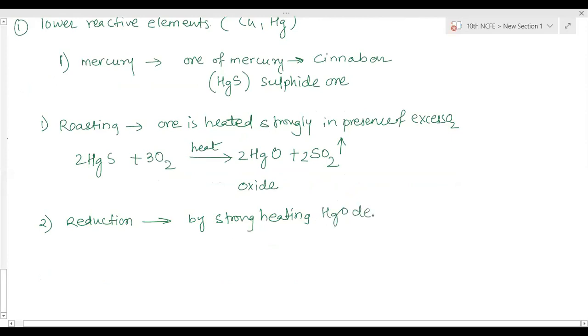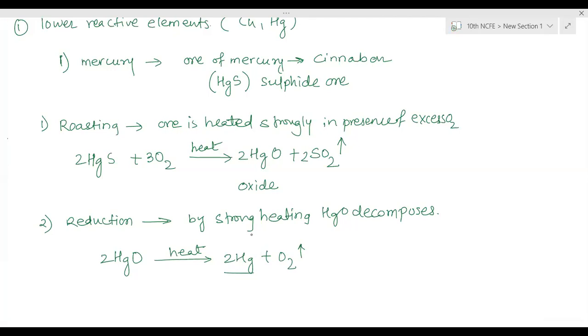HgO decomposes, on heating it gets converted into Hg and oxygen is separated. Oxygen gas is given out. This way we get mercury which is about 80 to 90% pure. We will not get 100% purity by the extraction process alone. We have to do a further refining process for this.